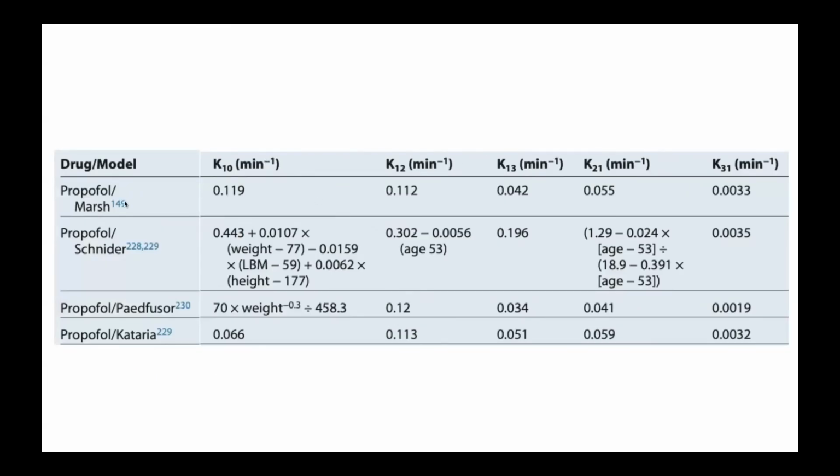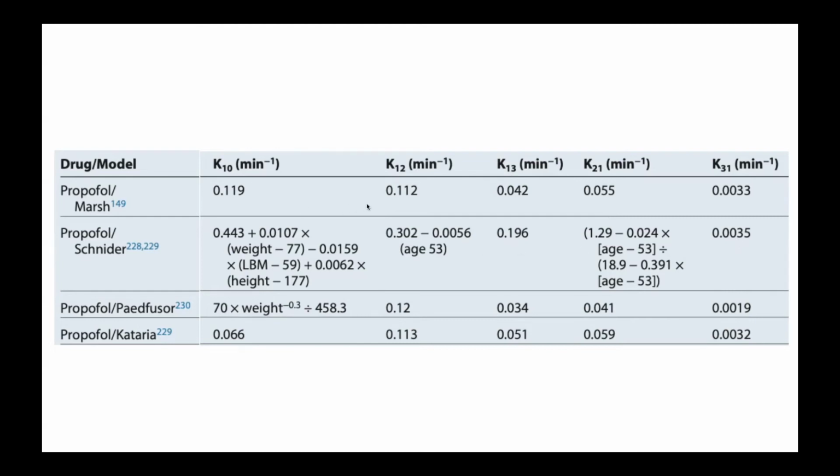The nice thing about this is that Marsh, they're all constants. They don't change. With Schneider, K10 is varied by your lean body mass, weight, and height. K12 is varied by age, and K21 is also varied by age. But K13 and K31 are constant.